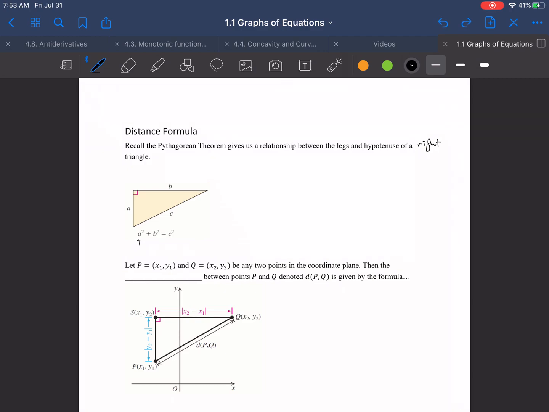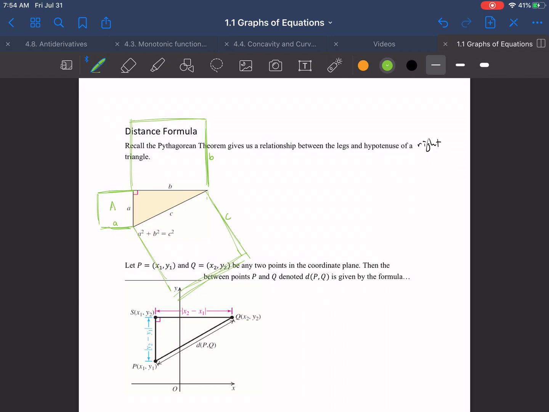All right, and this is essentially very geometric. If we took this side A and extended it out this way and made it into a square, so it's A by A, and we took the side B and extended it out into a square, so it's B by B, and we took this side C and did the same thing, made it into a big square, C by C, we would have three different squares there.